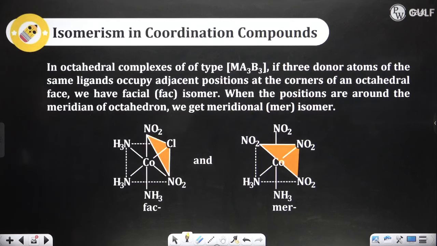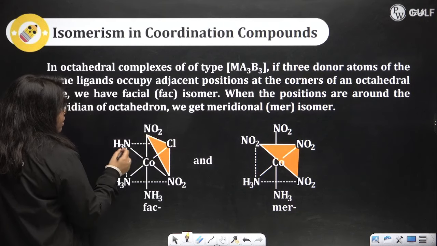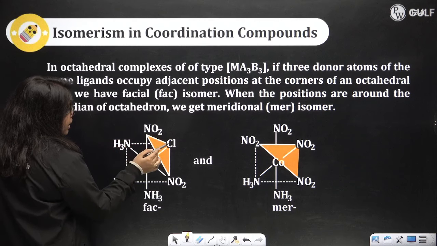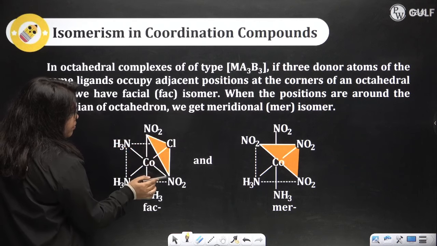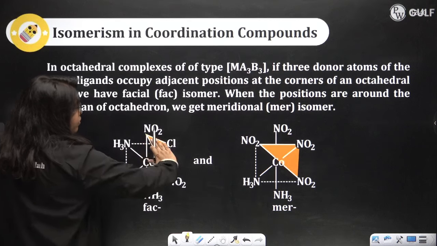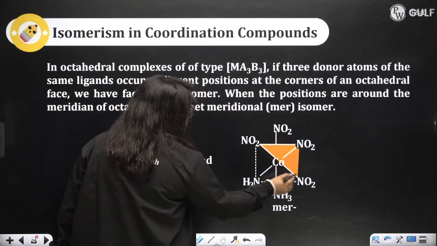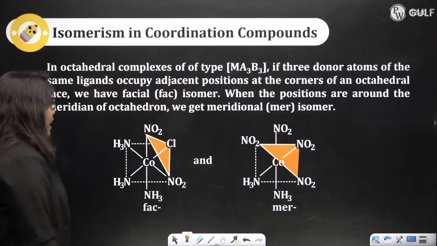Now, there's another one known as facial and meridional. When the axial one with equatorial ones, this is known as facial, one face. Whereas when all the planar nitrogens come into picture, this is known as meridional.